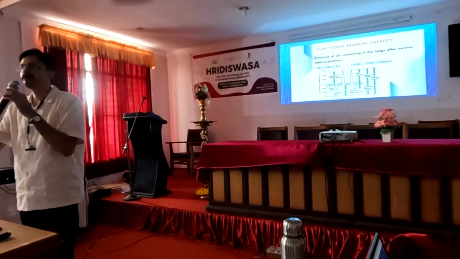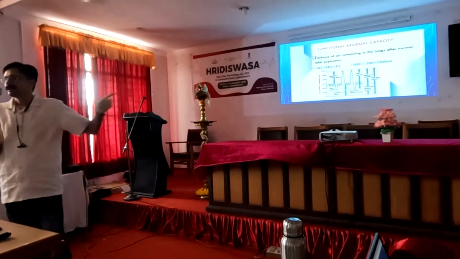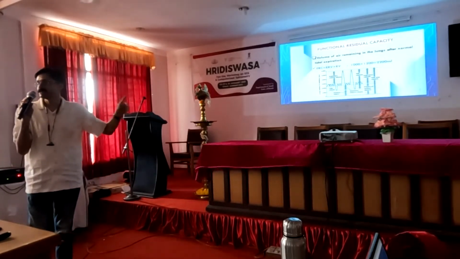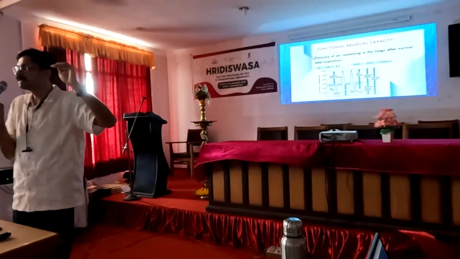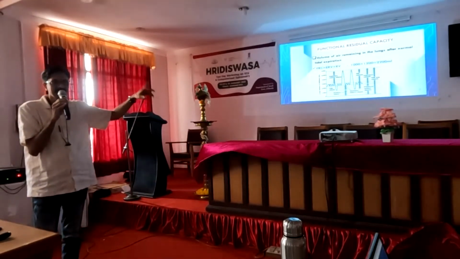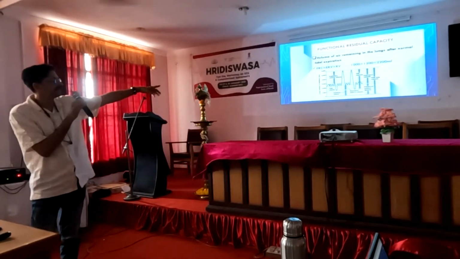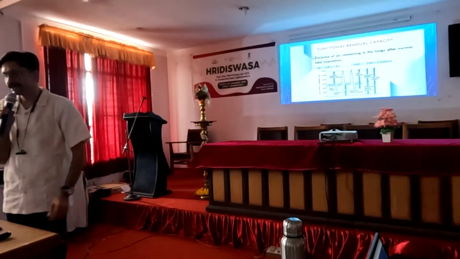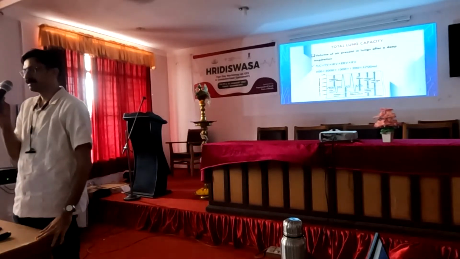ERV plus RV, residual volume, is the functional residual capacity. It is not used for breathing, but it is there. That is the functional residual capacity (FRC). ERV plus RV is actually 2200 ml. 2.2 liters is the functional residual capacity.